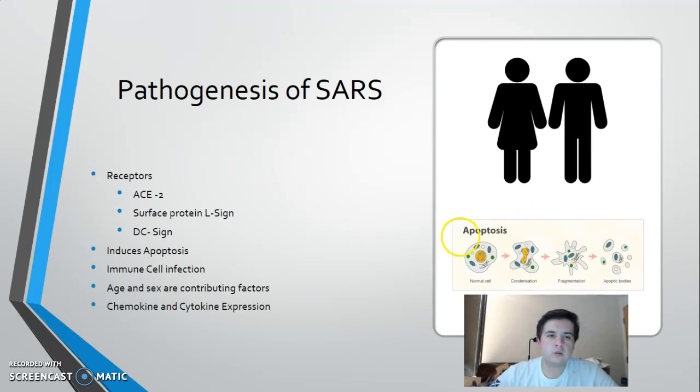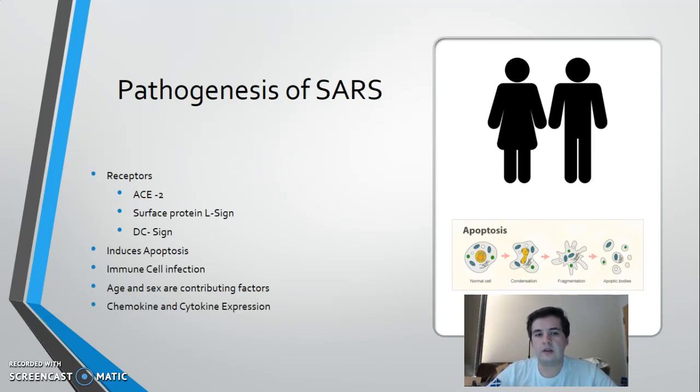Now, these other two receptors that I've named here, surface protein L-SIGN and surface protein DC-SIGN, are considered to be alternate receptors for the SARS virus. The SARS virus will infect cells that have these receptors on them. L-SIGN is really found in the liver and lymph nodes, and DC stands for dendritic cells.